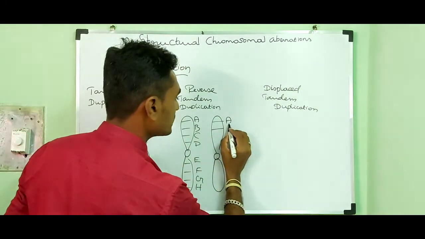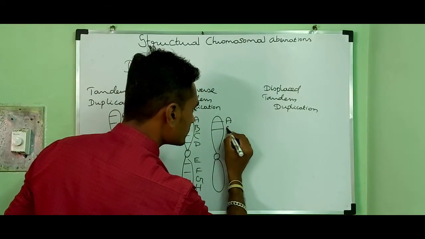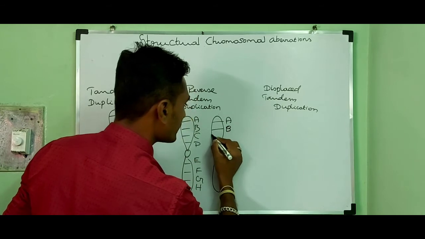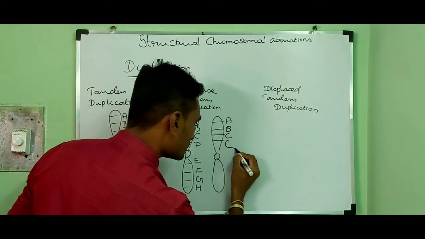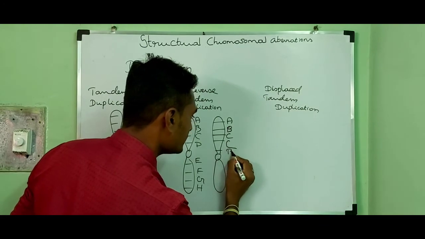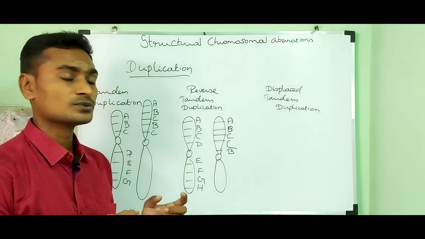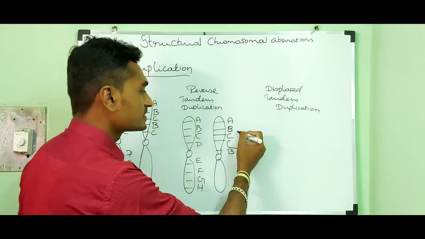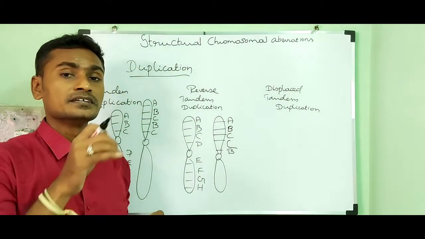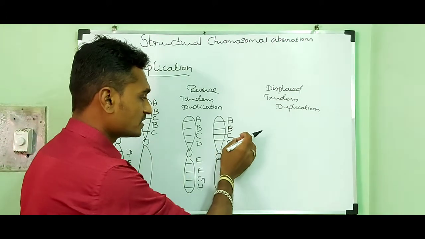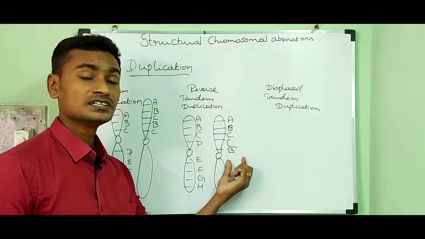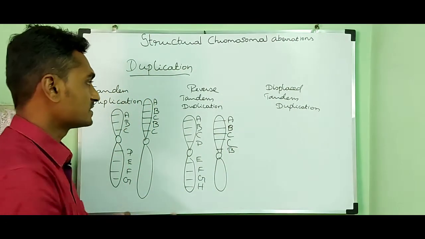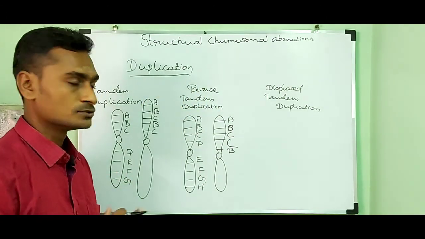So capital B, capital C, then again capital C and capital B. So here you can find the duplicated segment located immediately after the normal segment, but in the reverse form, and that is called reverse tandem duplication.